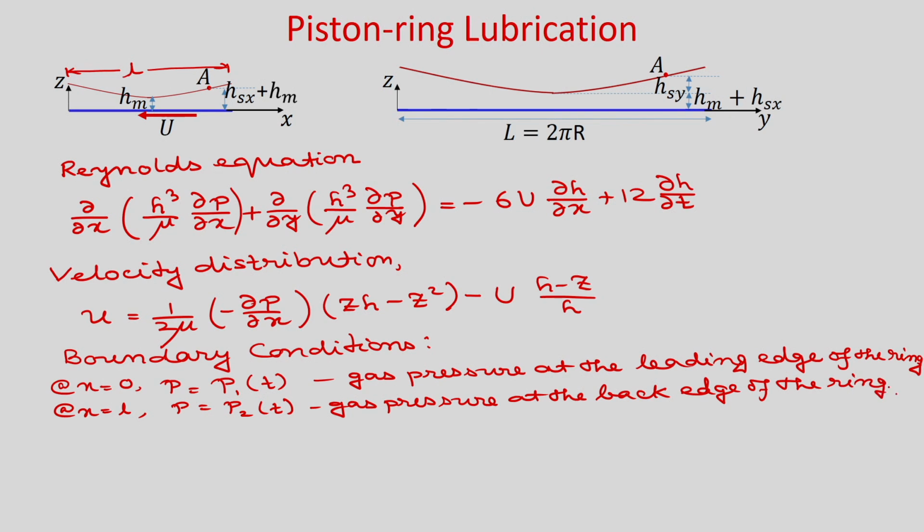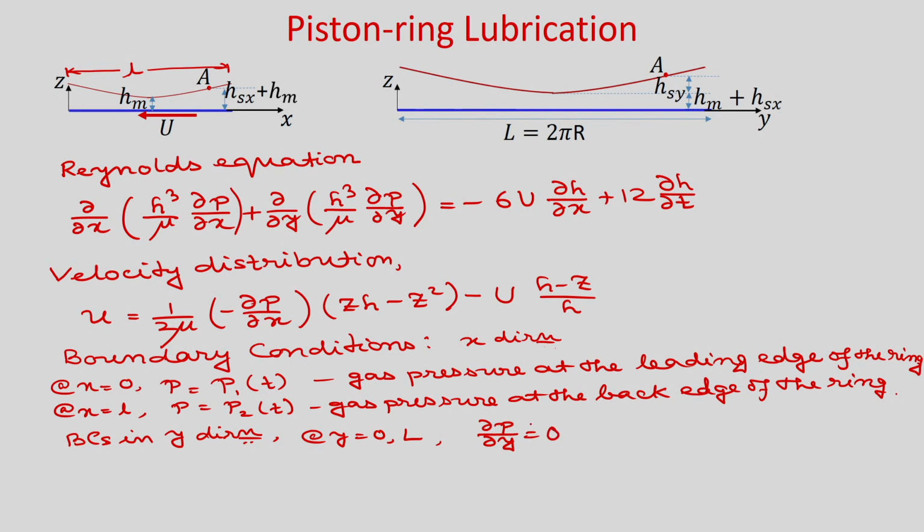Okay. And boundary conditions in the y direction. So, this is the boundary condition in the x direction, and now the boundary conditions in the y direction. At y equal to 0 and y equal to l, we will have the pressure gradient del p by del y as 0.